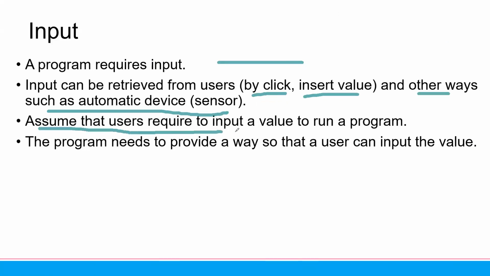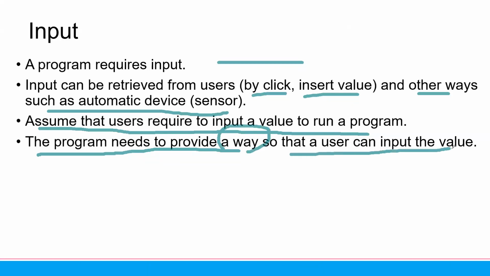Assume that users are required to input a value to run a program. Like what we did before, I want to convert one value from feet into meter, so I give an input, which is 10. If you need to provide an input, the program needs to provide a way so that a user can input the value.